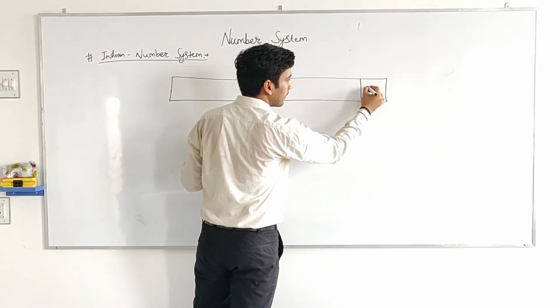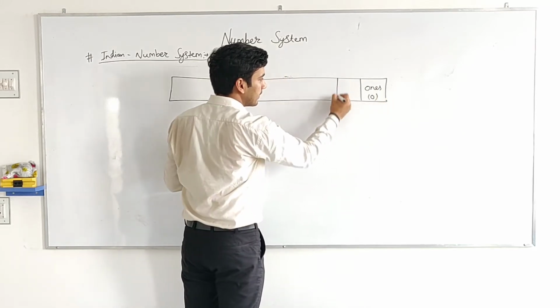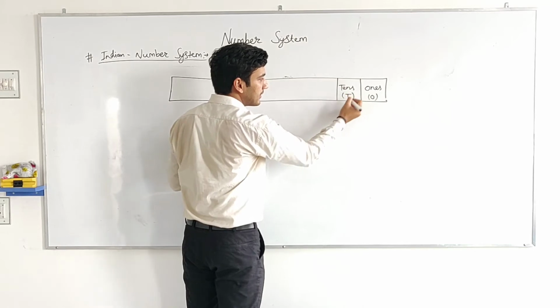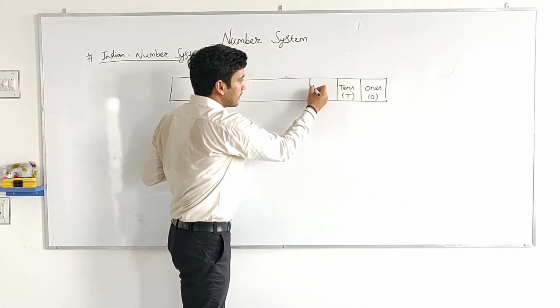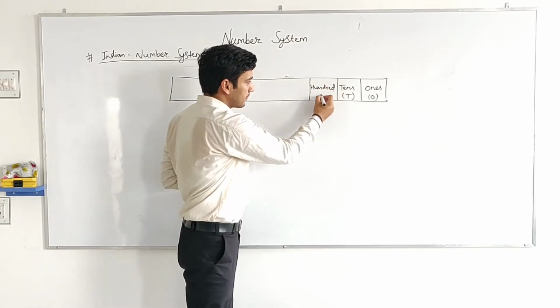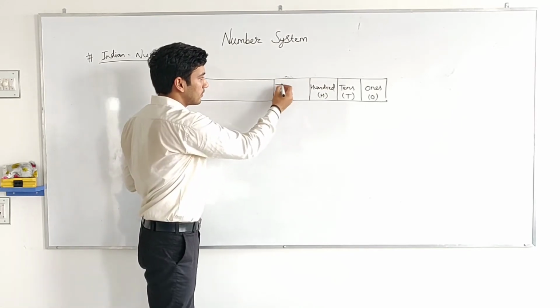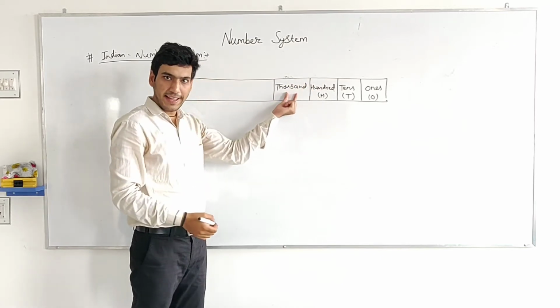This is my ones place, symbol is O. This is tens place, symbol is T. Next, hundreds place, symbol is H. Next, thousands place, symbol is TH.